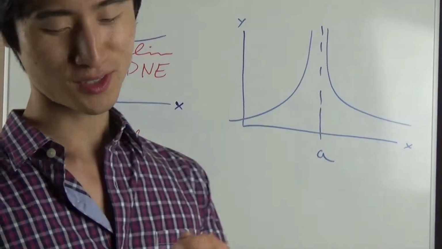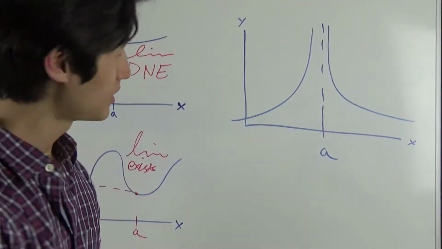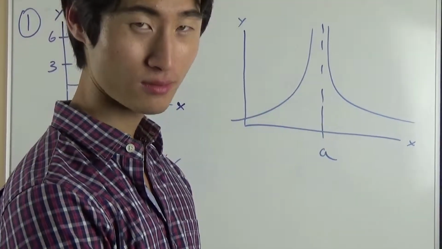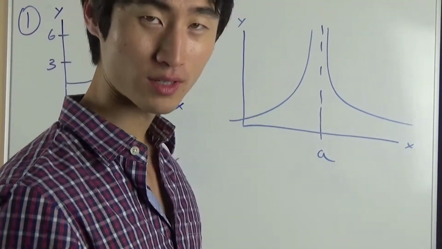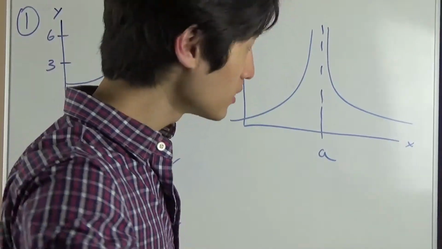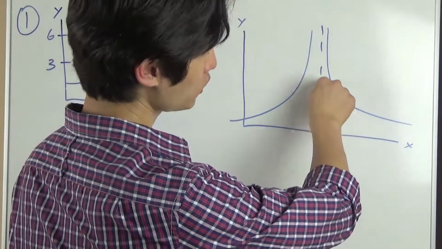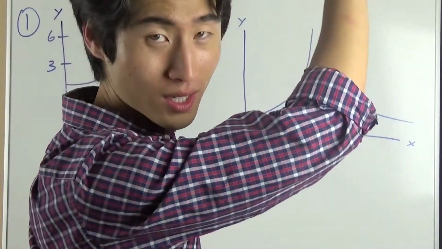So the question is, does the limit of that function exist? Now let's do the same trick that we do. In order to find whether a limit exists at that particular value a, we simply go from the right hand side and approach a. Boom, it shoots all the way up.